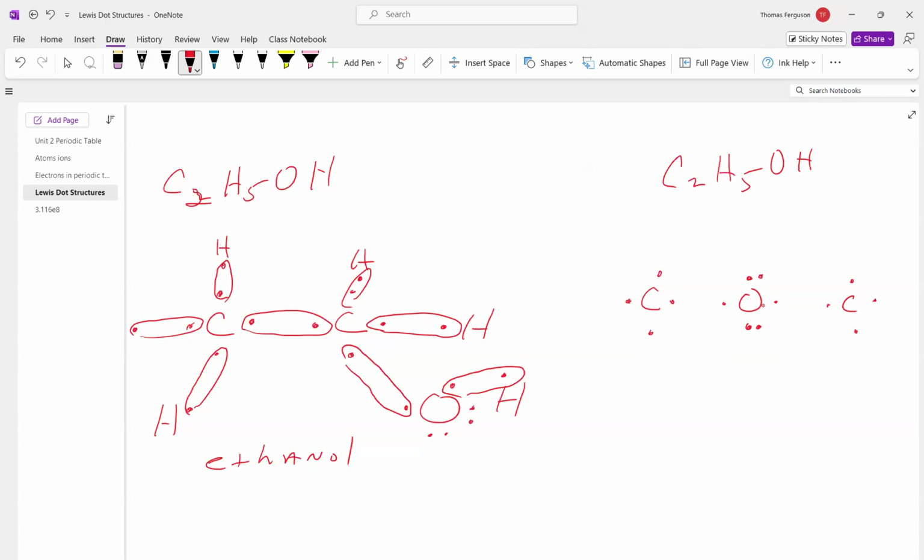Notice I moved the electron pairs around so it's more convenient. That's fully fine to do. Okay, then we have 6 hydrogens total.